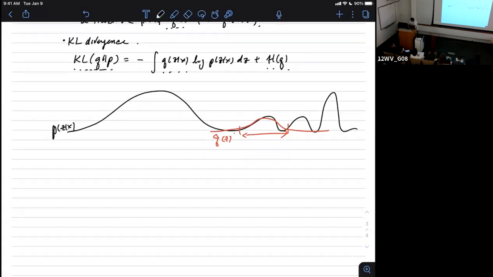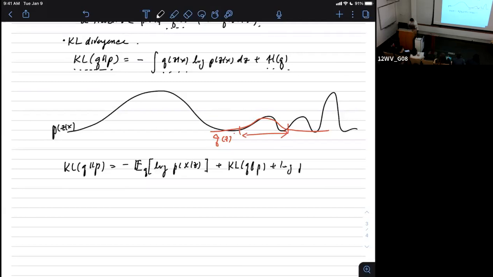Let's start from the KL from Q to P. This can be written as a negative expected log probability of X given Z under Q, plus the KL divergence from Q to P again, plus log P of X.